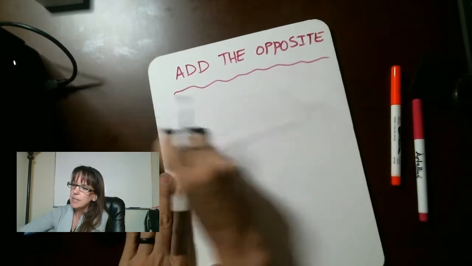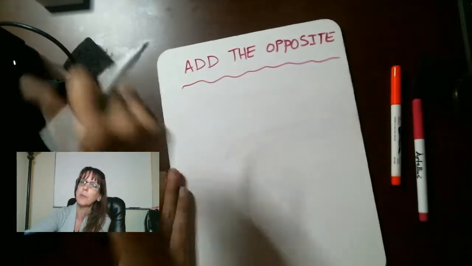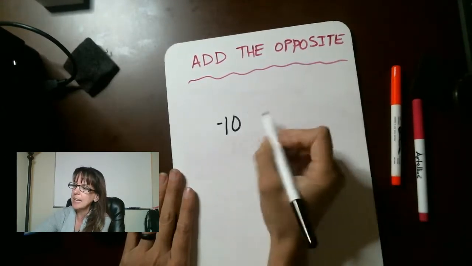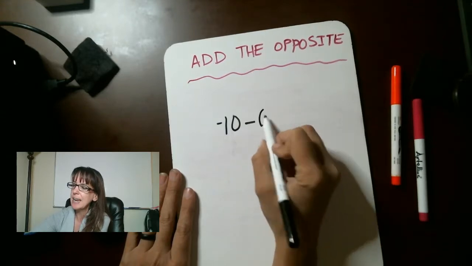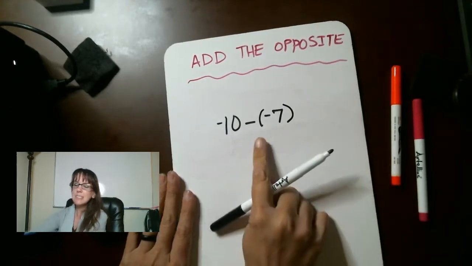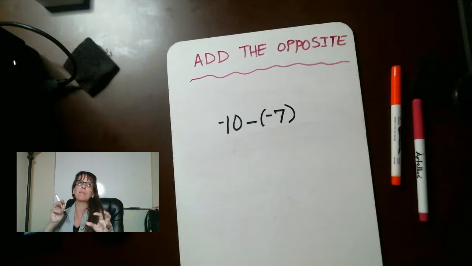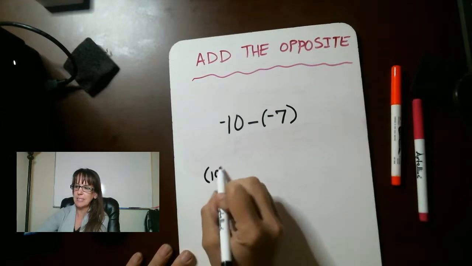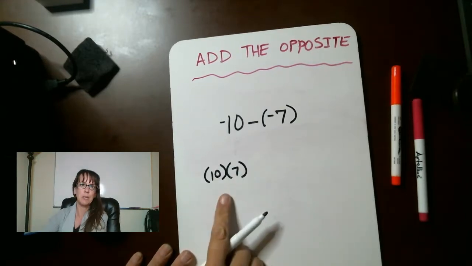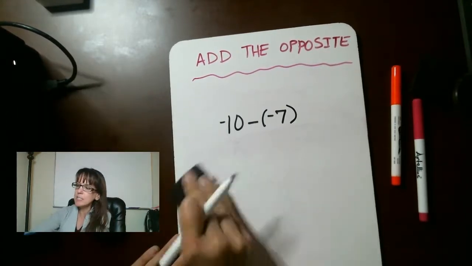When we get to some of these, and you'll see in this book or other books, it's written things like this: negative 10 minus negative 7. The parentheses are not for multiplication like you might, I'm sure in the past you've seen things like this, right? And that means to multiply. These parentheses are not for multiplication.